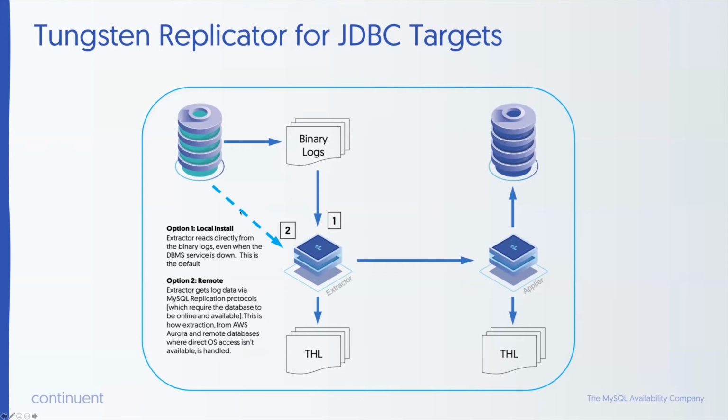This blue dotted line here is typically how we would work in an AWS Aurora environment where we don't have access to the binary logs. In this instance, we would be able to extract the binary log information through the various database calls that you can access within the database itself, and we're able to pull that information across, hence how we're able to work with Aurora.